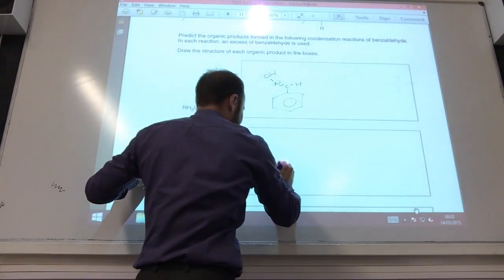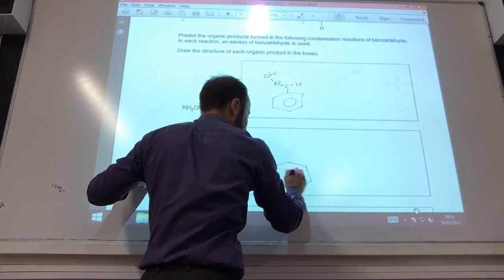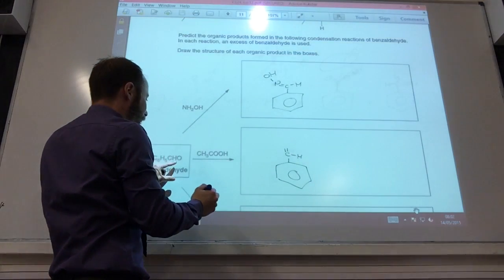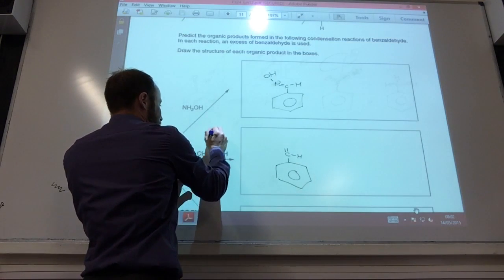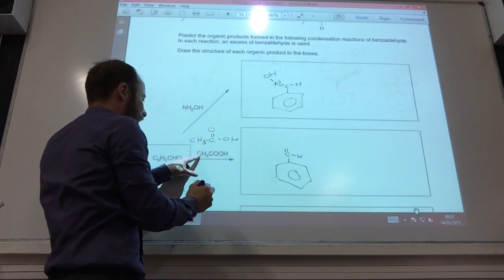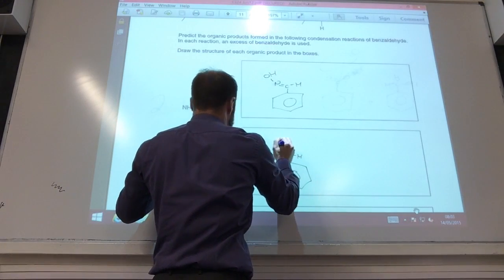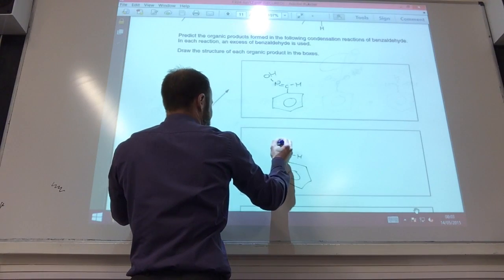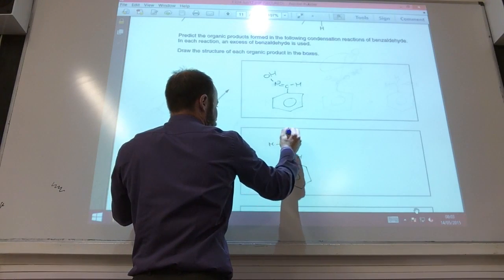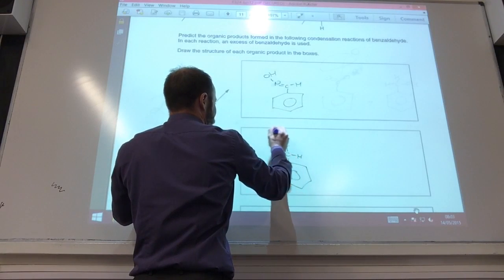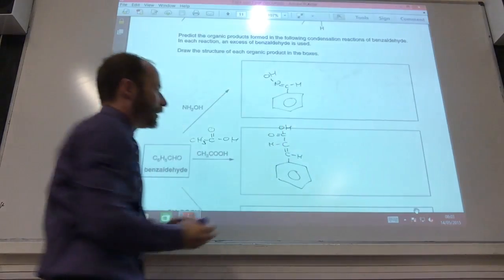I've then got for this one benzaldehyde again, but this time, if I'm replacing it, I've got this set up, which is an example of the second one. That becomes the carbon there across the double bond. I'm still going to have one of those hydrogens, and that's going to give me C double bond O, OH, like so.